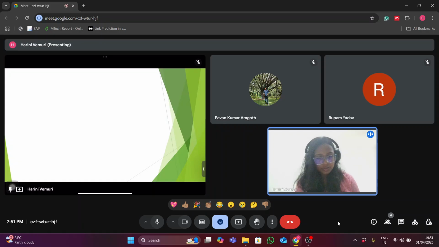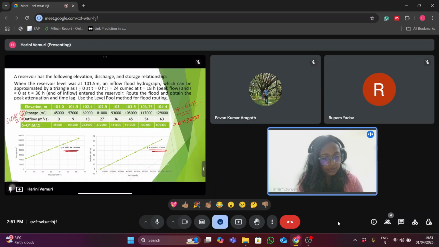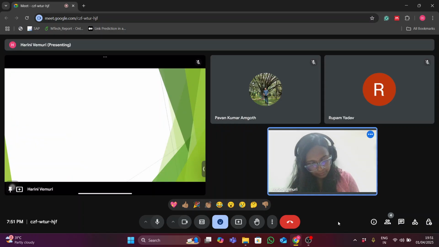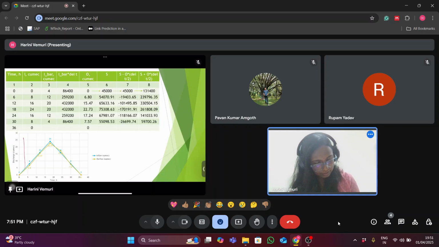Then, since they have told that inflow is I equal to 0 at t equal to 0, and at t equal to 18 hours there is a peak discharge of 24 Qmax, and at t equal to 36 hours the inflow is 0 again.